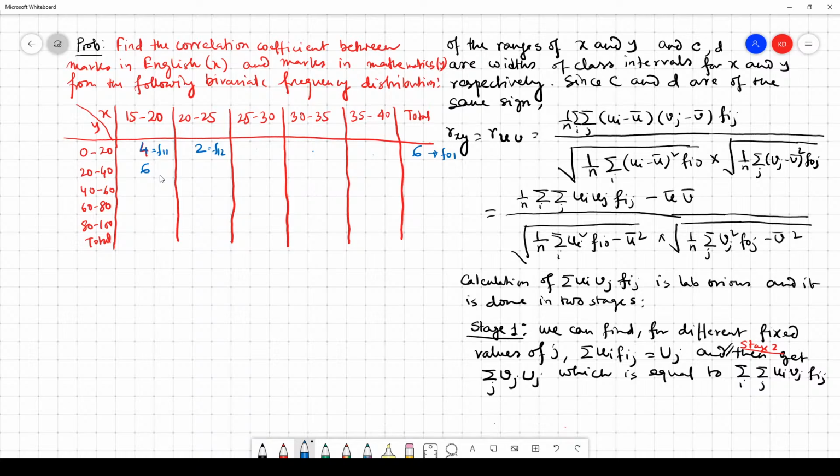6, 5, 3, 2, 3, 1, sorry, 1. And this total is 15. Then 9, 4, 2, 1. Empty place means 0 frequency. So 16.